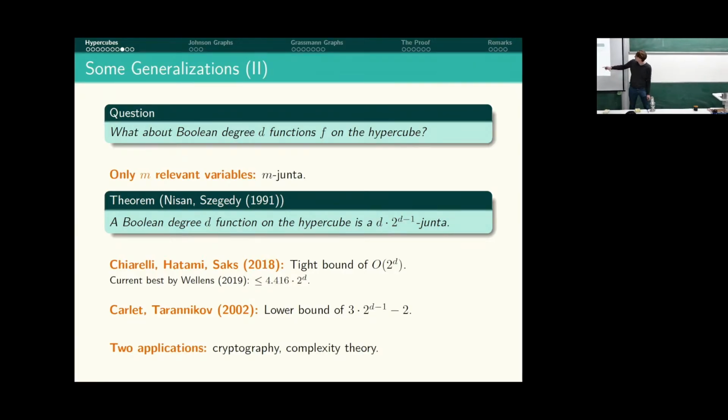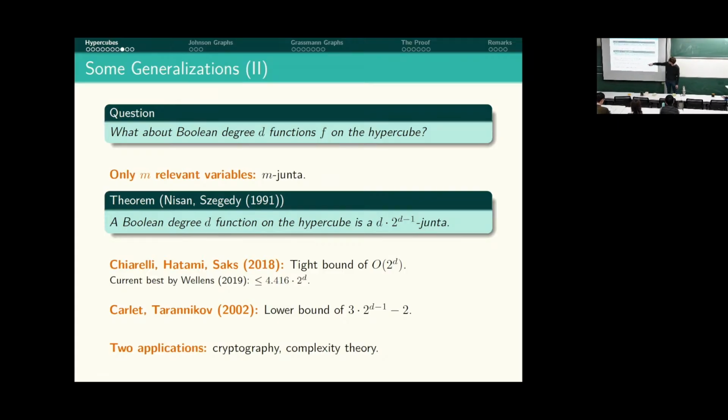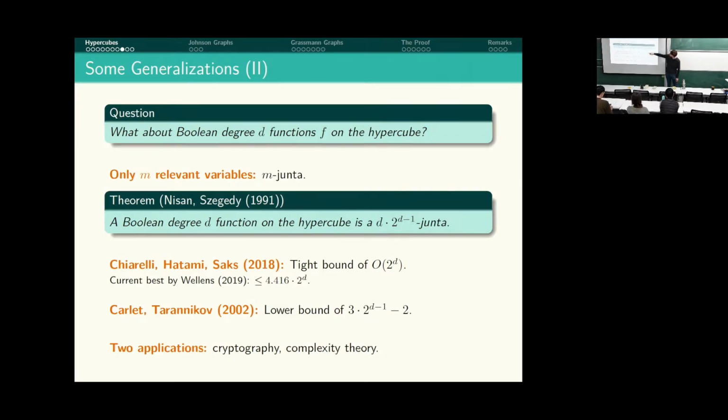So for this paper, here Paranikov was 16 years early, and for that he was 10 years late. And only a few years ago, these 2 groups of people realized that they are working on the same topic. So let's say these people are cryptography and these people are complexity theory. Okay.